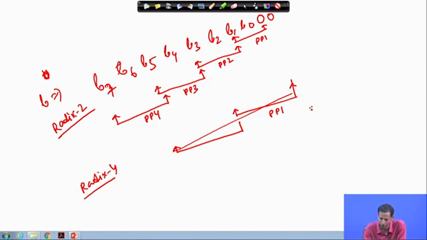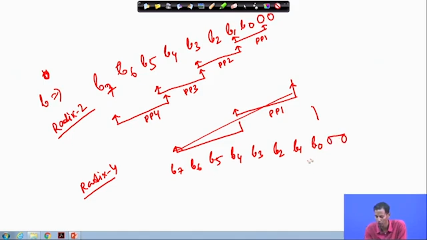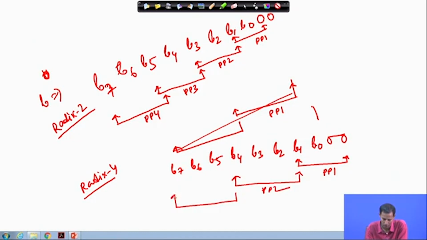So this will be something like this, means what? If I just rewrite, so B7, B6, B5, B4, B3, B2, B1, B0 along with this 2 0, at the time it will be something like this. This is PP1, then this is PP2, then, okay. So something like this I can do.